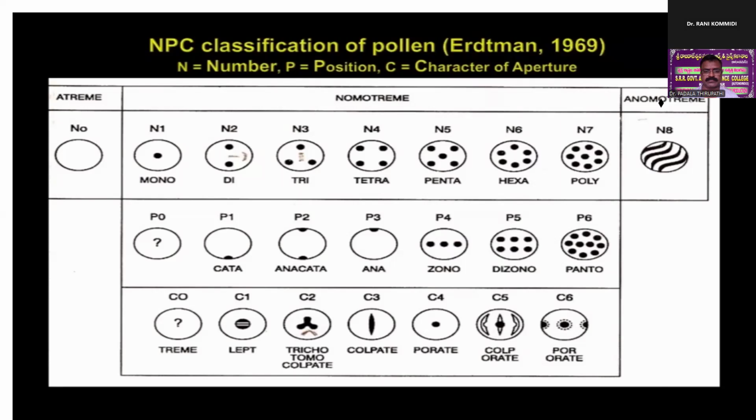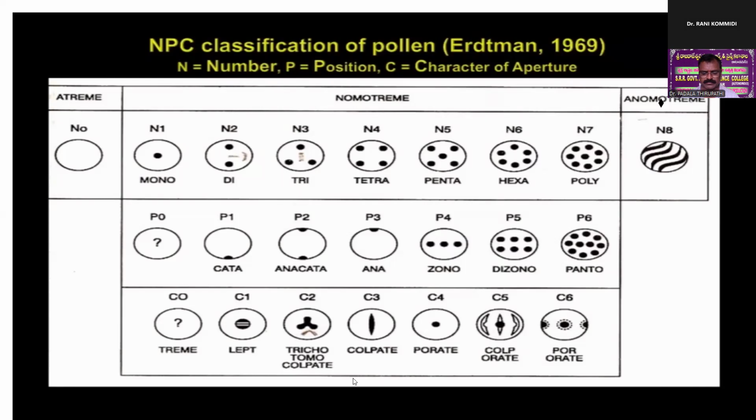The pollen with one leptoma is called monolept. It may be called catalept if present in the proximal phase, or analept if in the distal phase. So that is also categorized in a different way.